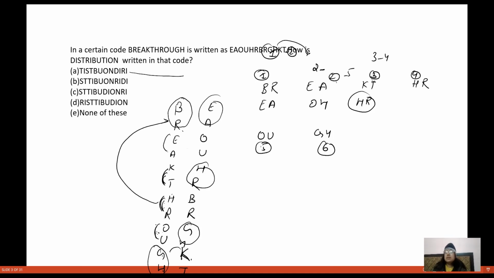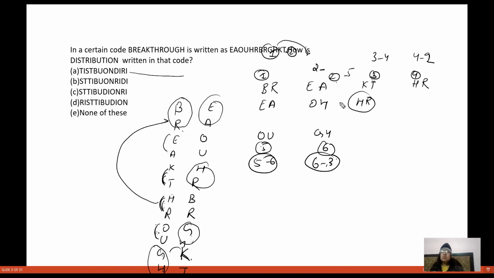Then the fourth place I'm replacing with the first place. OU is the fifth place, equal to GH, and the fifth place I'm replacing with the sixth place, and this GH I'm replacing with the third place.